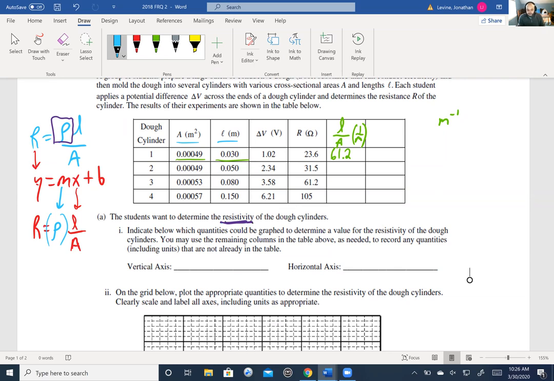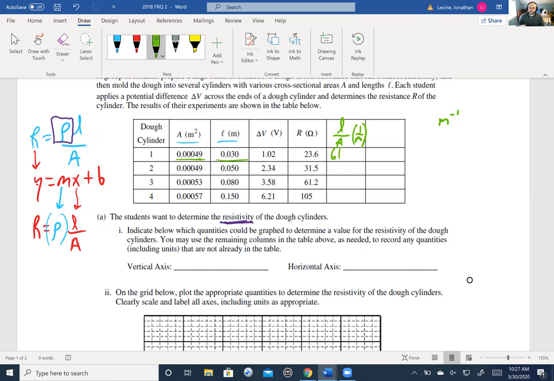So continuing through, I guess technically I could have rounded that to 61. Maybe we should stick to 2 sig figs. That might make our life easier, actually. Now, why would I do 2 sig figs? Just to go over this, remember the significant figures rule. The two numbers that we have, 0.00049 and 0.030, are both in 2 significant figures.